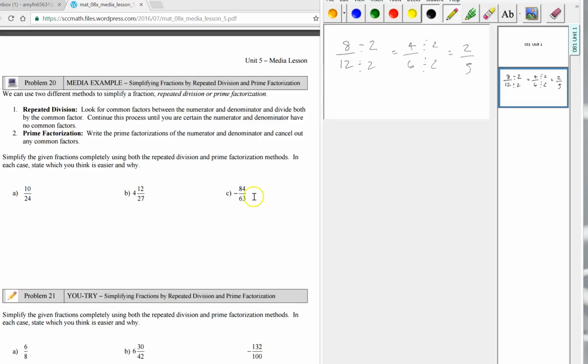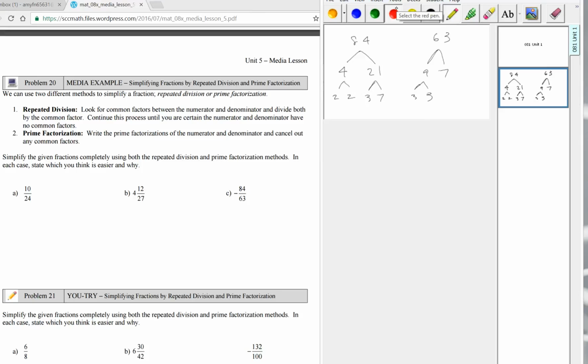When worse comes to worse and when the numbers start to get big, so maybe with 84 and 63, okay, I can see that they're both divisible by 3. But this might be one where it's a better idea to use prime factorization. I'm going to go with 4 and 21, 2 and 2, 3 and 7, 9 and 7, 3 and 3.